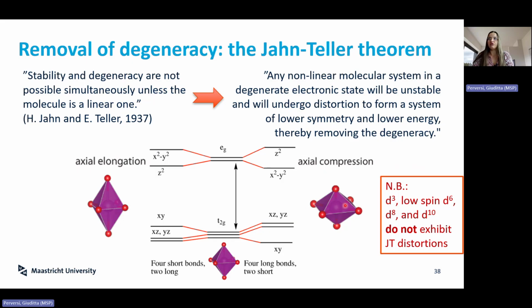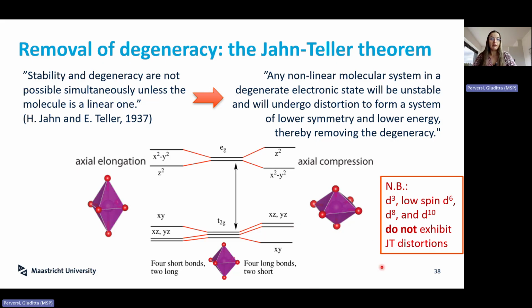On the other hand, if you were to do axial compression, you close here and elongate on the basis, you end up getting the dx square minus y square at a lower energy. Note that whatever you do here will also have a commensurate impact on the bottom sets. Because inevitably, if this one is affected, then this one is also affected, and so on and so forth. So everything you do carries over to the other one.